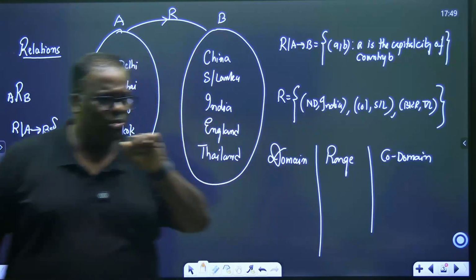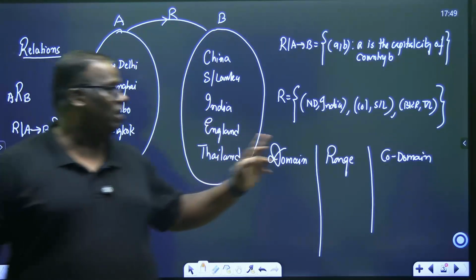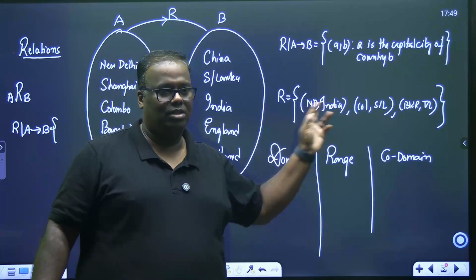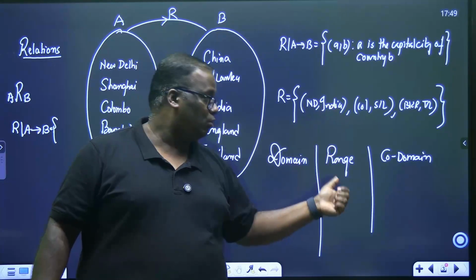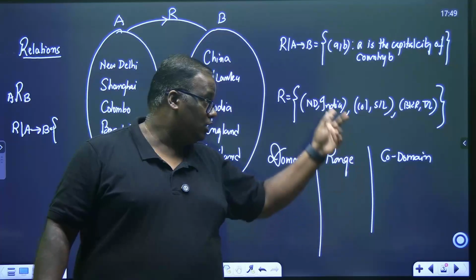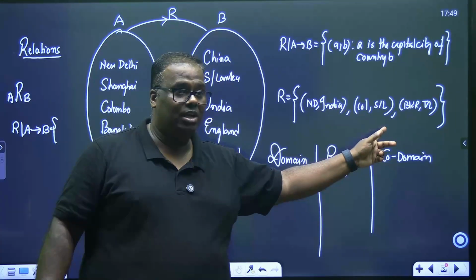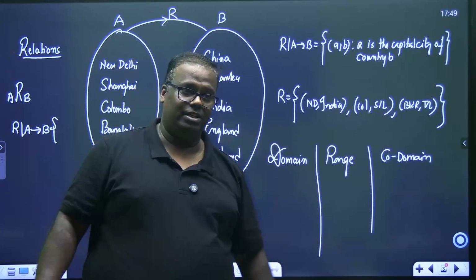So range can take birth only once domain has been fixed. Understand? You gave an input New Delhi, you got an output India. The relation is with India. So what will be your range here? Your range will be India, Sri Lanka, and Thailand.